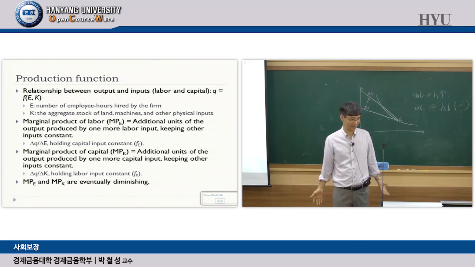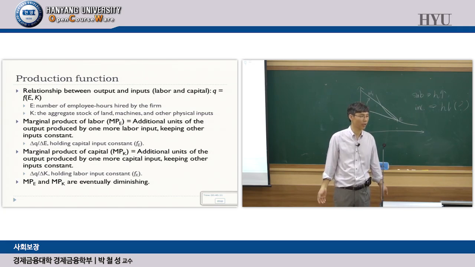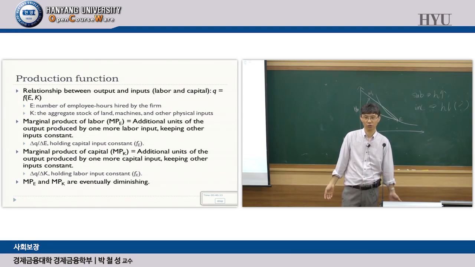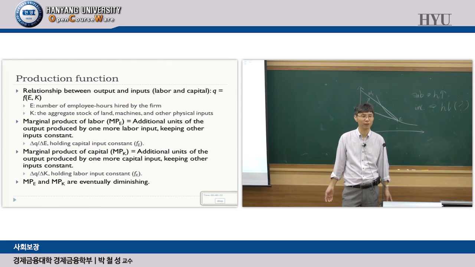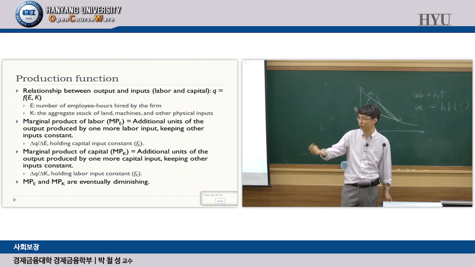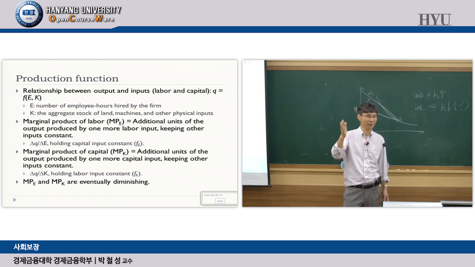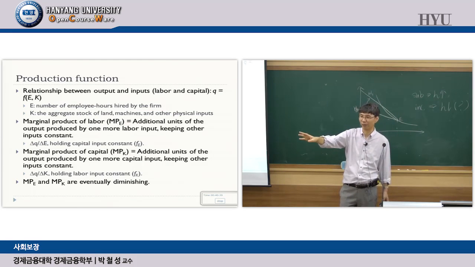If it's not, you're going to have a very strange situation. Why? Because every firm will want to have an infinite number of employees, right? If each additional employee contributes more and more to production, then obviously you want more and more people to work. Then you're going to have very large companies everywhere, of infinite size.